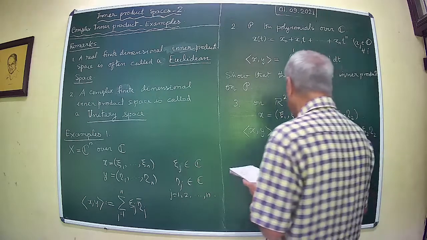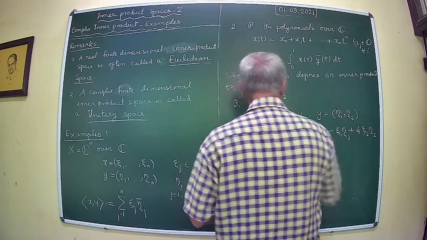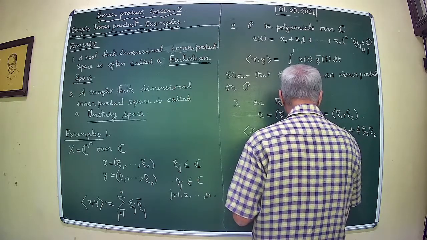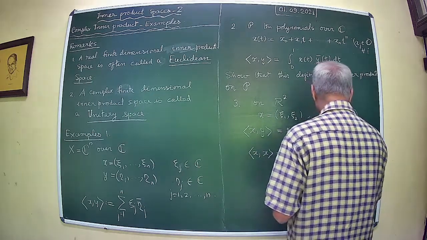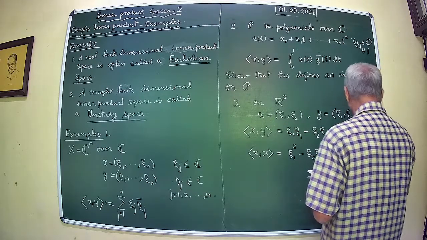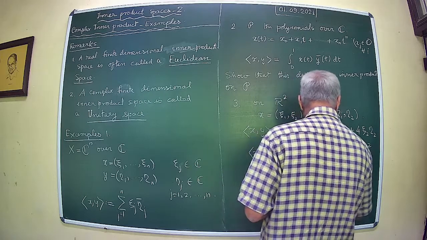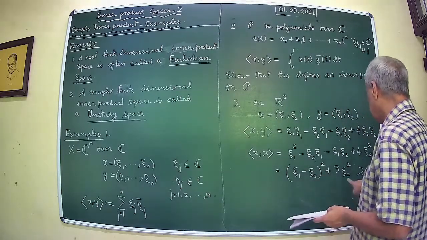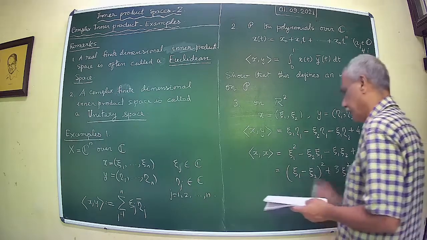Now you can easily rewrite this whole thing, and from this you can verify x inner product x turns out to be simply, and you can show that this is greater than or equal to 0 and equal to 0 only if this term is 0, this term is 0, which in turn says psi 2 equal to 0. Therefore, psi 1 equal to psi 2, that means psi 1 equal to 0.